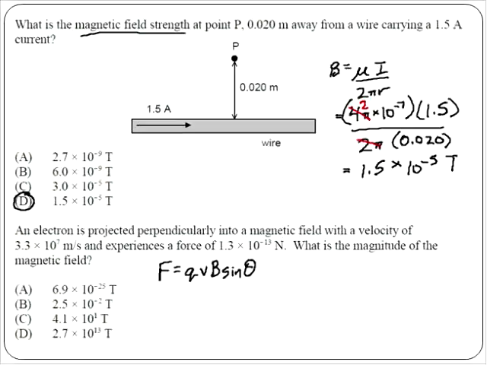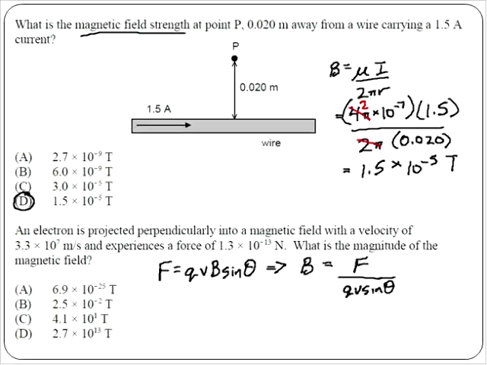That's the formula we use for a single charge particle moving through a magnetic field. Now we're asked to find the magnitude of the magnetic field. So what we do is we rearrange this formula to be B equals F over QV sine theta.